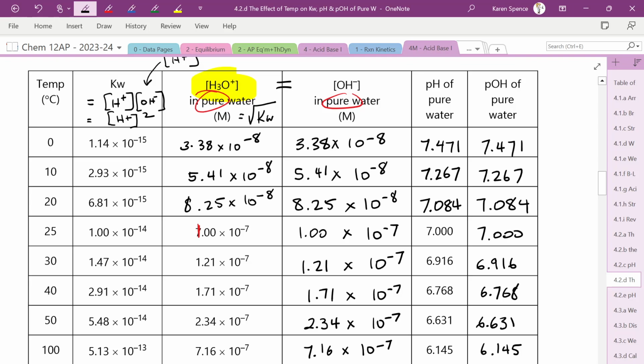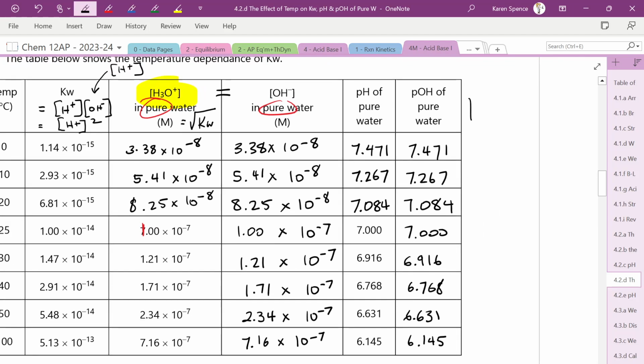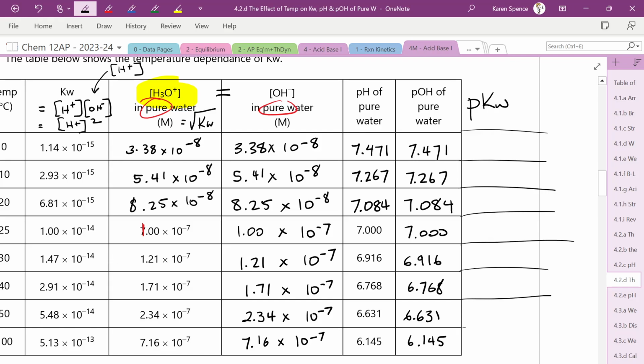Now, what does that tell you about pKw at all of these temperatures? Is pKw equal to 14?